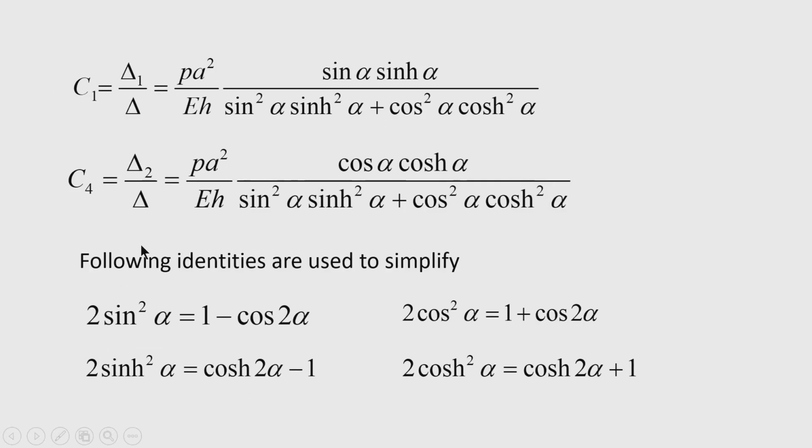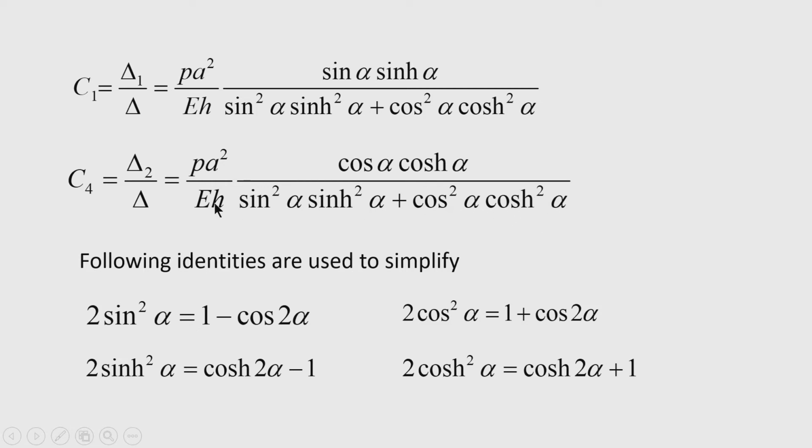So, determinant delta is found, and after substituting C 1 as delta 1 by delta, we now obtain C 1 as p square by E h multiplied by sin alpha sin h alpha divided by sin square alpha sin h square alpha plus cos square alpha cos h square alpha. Similarly, we get C 4 as delta 2 by delta equal to p square divided by E h into cos alpha cos h alpha divided by sin square alpha sin h square alpha plus cos square alpha cos h square alpha.